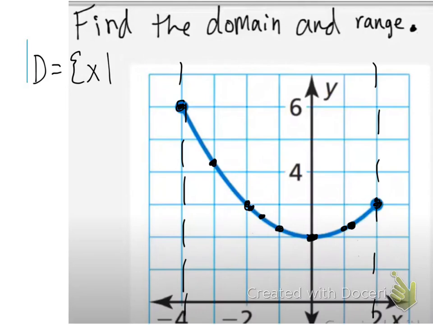So, how I represent the domain here is I want all values that are bigger than -4 and smaller than 2. Does that sound familiar from last chapter? What did we talk about last chapter? Inequalities.